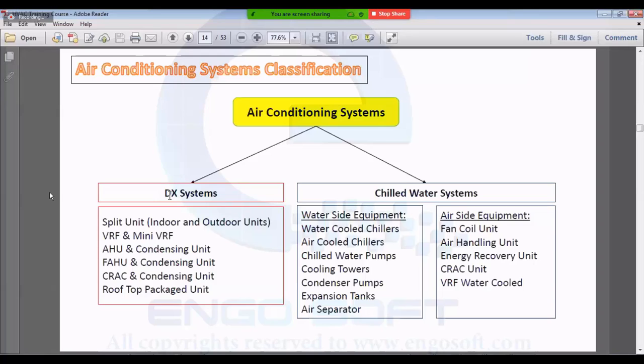So the air handling unit deals with air. Fan coil unit deals with air, right? Recovery unit or CRAC unit or VRF deals with air. While water cooled chiller deals with water. It cools water, right? Air cooled chiller cools water. Chilled water pumps circulate the water inside the network. Cooling towers cool the water through the air. And then the condenser pumps, expansion tanks, and the air separator.